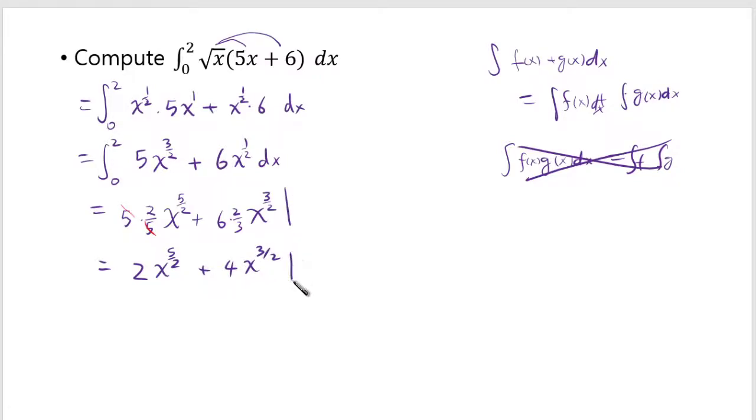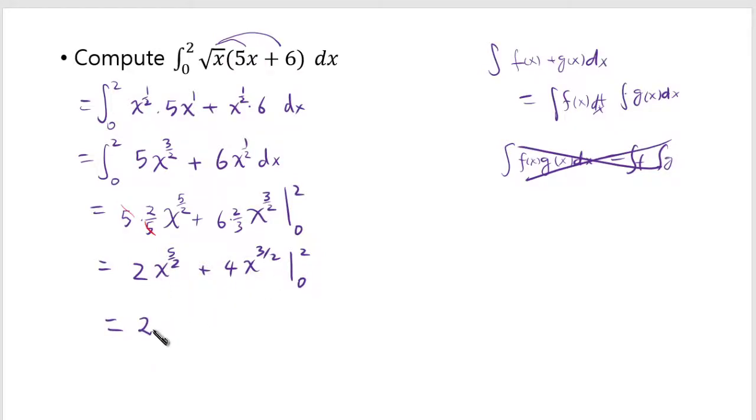Now, since this is not an indefinite integral, it's a definite integral, you don't put plus c. For definite integrals, you never put plus c, okay? Instead, you put the endpoints 0 and 2. So you have to plug in 2.